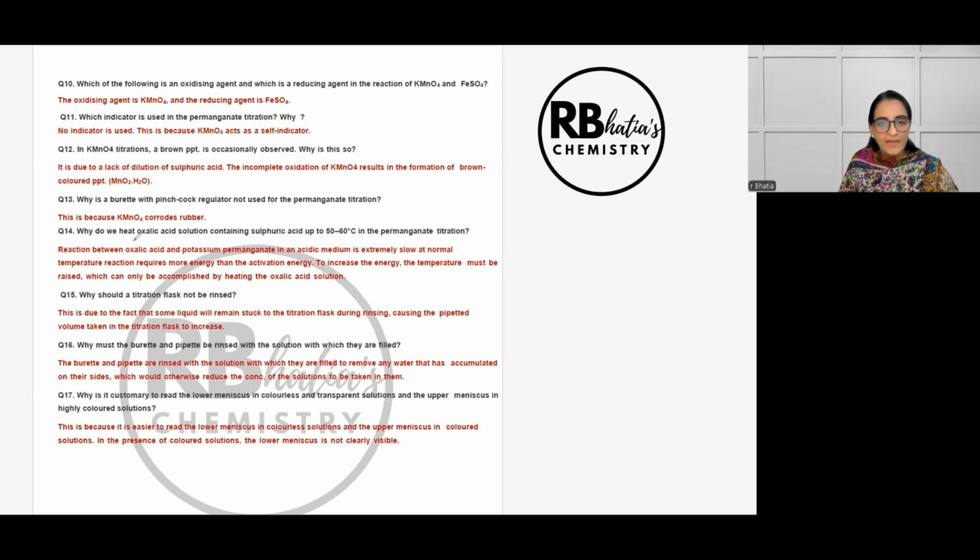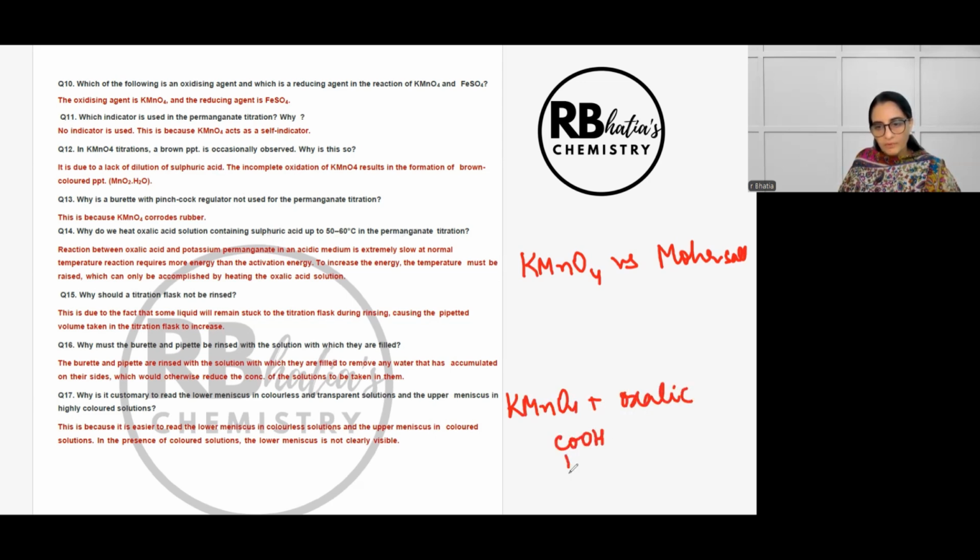Why do we heat oxalic acid solution containing sulfuric acid in the permanganate titration? Now, children, you have done two titrations. You've done a KMnO4 versus Mohr salt titration, and then you have done KMnO4 versus oxalic acid titration. Oxalic acid, you know, is a covalent compound, and Mohr salt is an ionic compound.